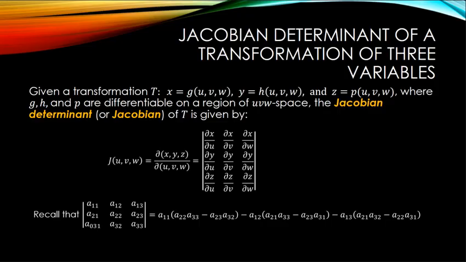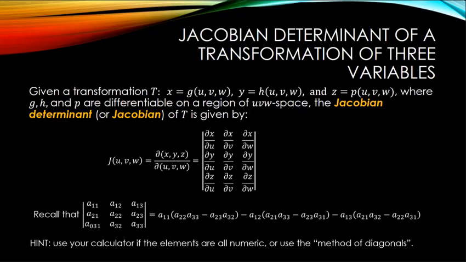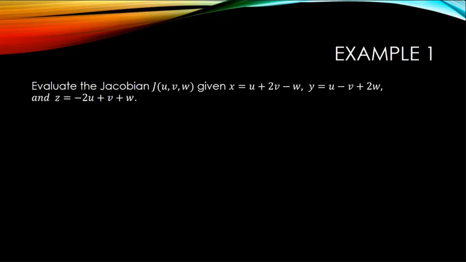This is the method of minors and cofactors, expanding about the first row. But if all of your elements are numeric, just use your calculator here, or I find it simpler to use the method of diagonals. Let's work an example.